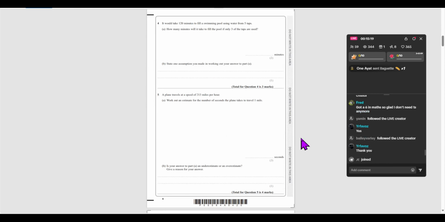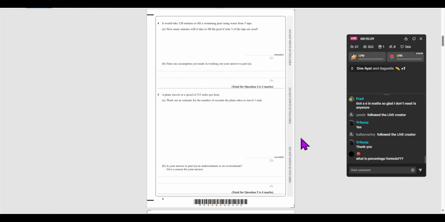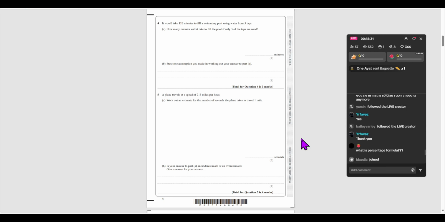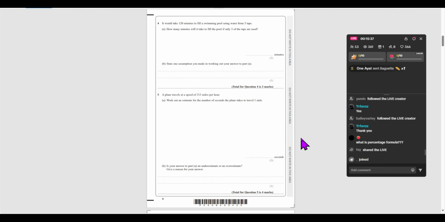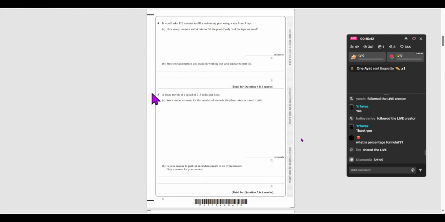Question number 4. It would take 120 minutes to fill a swimming pool using water from 5 taps. How many minutes will it take to fill the pool if only 3 of the taps are used? So if we do 120 times 5, it's going to be 600.